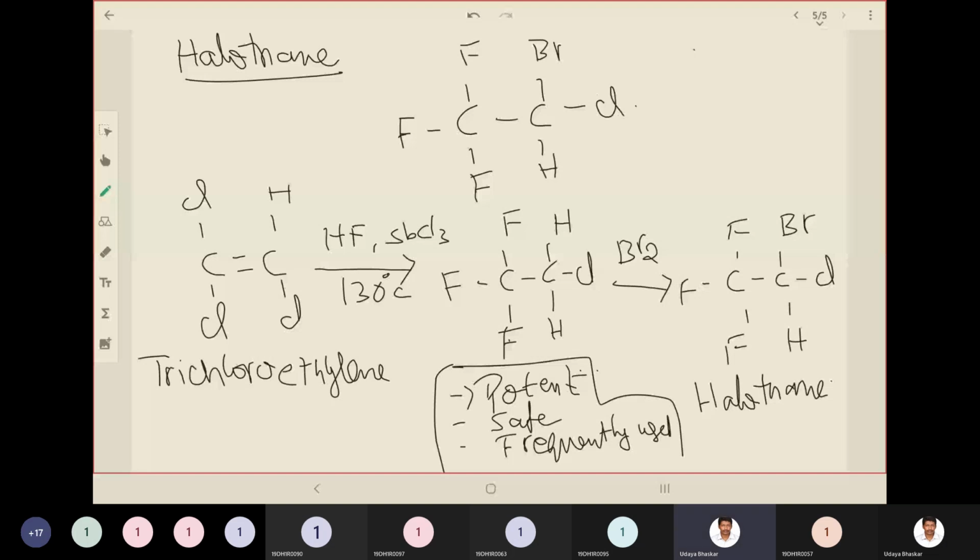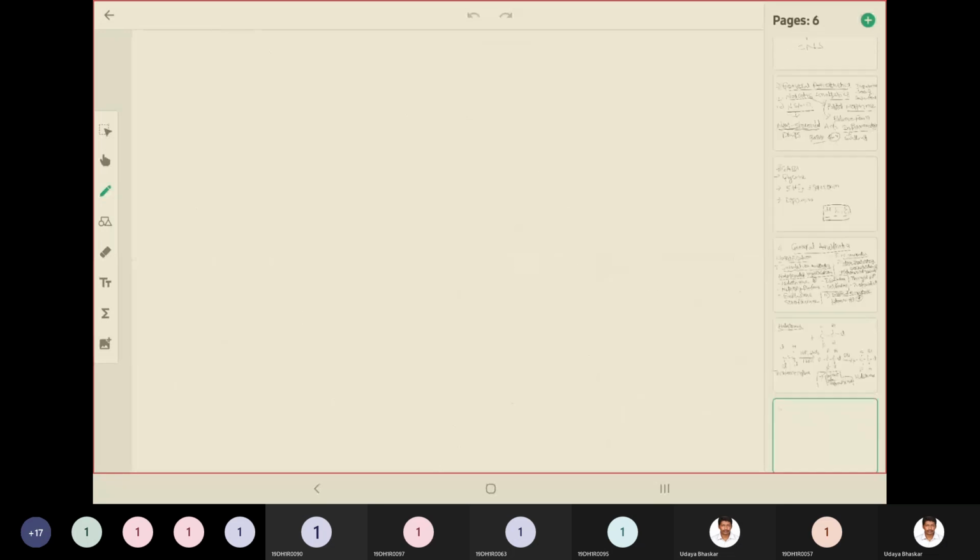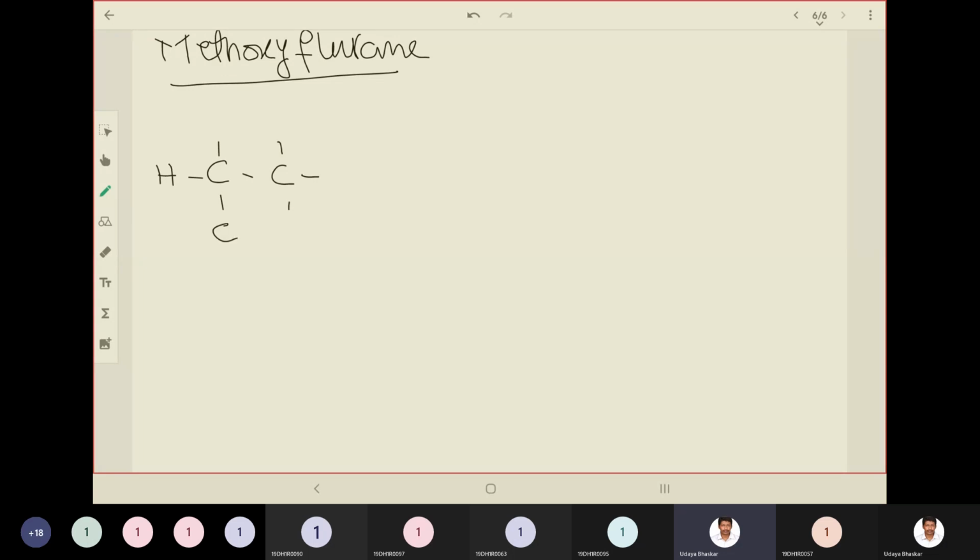Moving forward, we'll see the remaining chemical structures. The next one is methoxyflurane. So it is also an ethane. Here you have hydrogen retained, two chlorines.